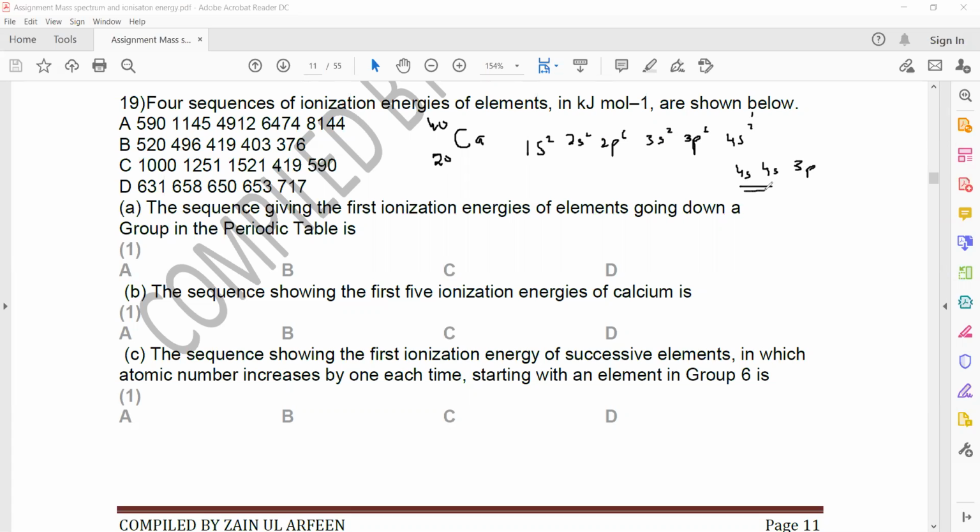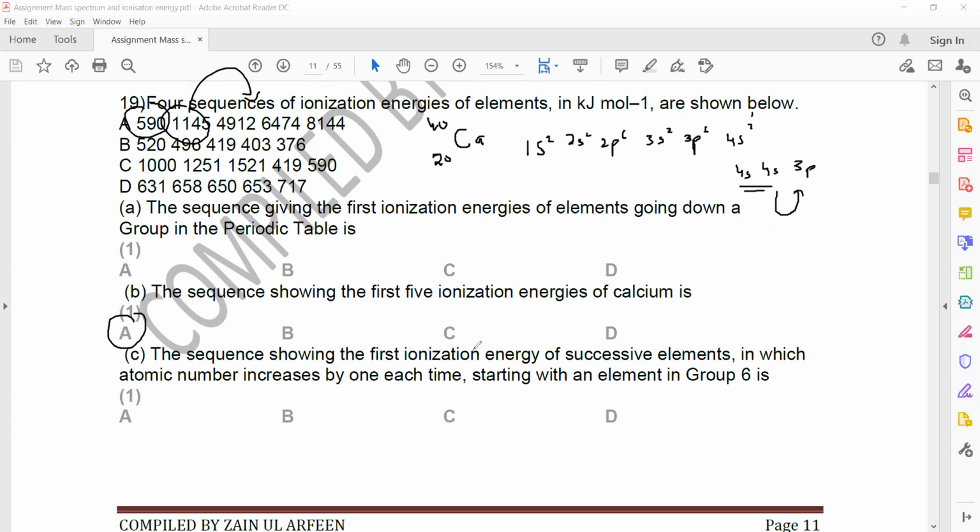So the first two should be close, and then there should be a jump between the second and the third ionization. So you have to check which one gives a jump from second to third ionization. So this is 590, 1145, and then suddenly there's a jump to 4000. So A is calcium.